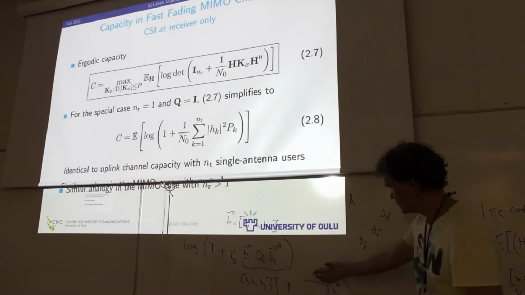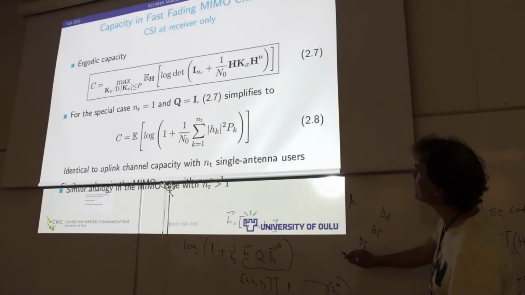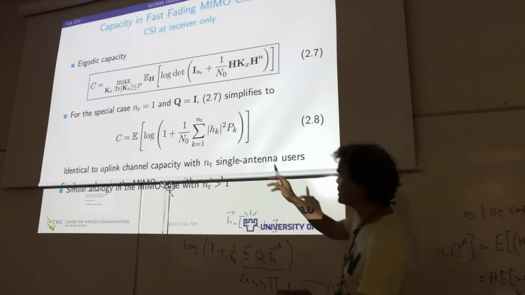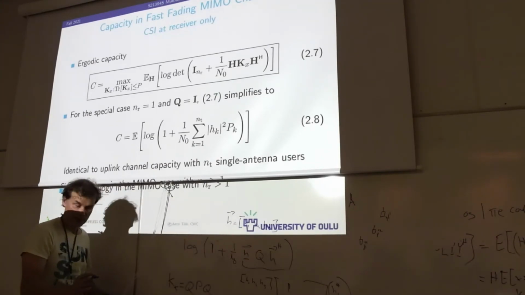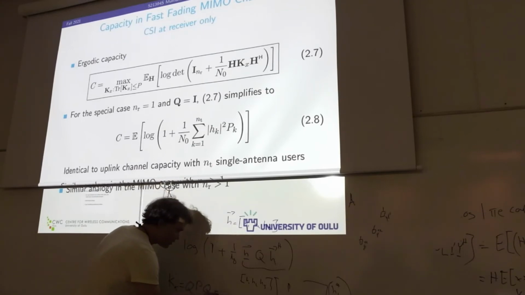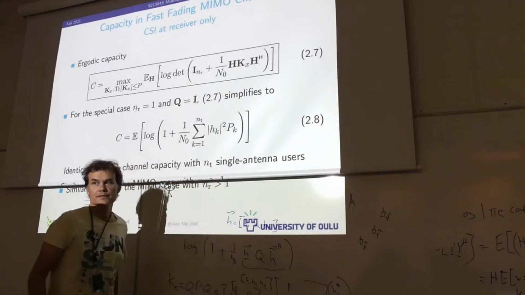I'm missing something: it need not be the identity. Q is I, sorry, so K_X is Q P Q. K_X is then a diagonal matrix with P over N_T, P over N_T, P over N_T, times I. Now it's good.